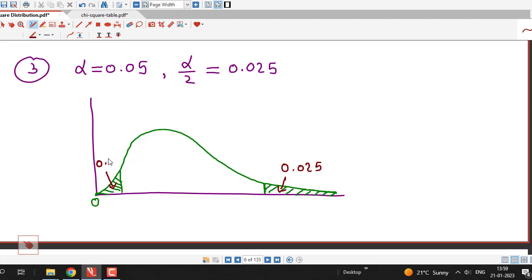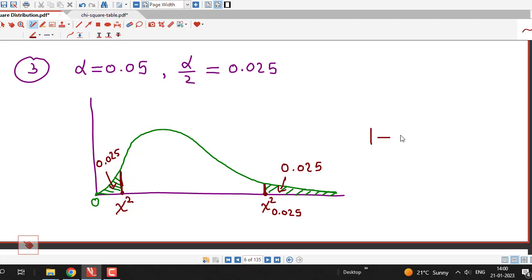This area is 0.025, and this value of chi-square will be denoted by chi-square 0.025 because the area to the right side of this point is 0.025. Now what about this point? This point is a chi-square critical value, and we don't know what is the area to the right side of this point. That we can obtain by subtracting the area to the left side of this point.